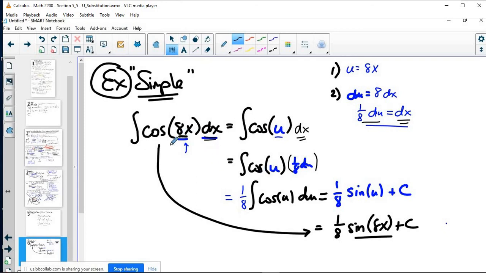You don't have a rule for cosine of 8x. You have a rule for cosine of just u or just x, depending on the letter. But not for 8 of them. Okay? So be careful. Even if it's just a 2x plus 1, even if it's something real simple that's inside of another function, you're most likely undoing the chain rule, and so therefore you need to use U substitution, and that's the way it works.